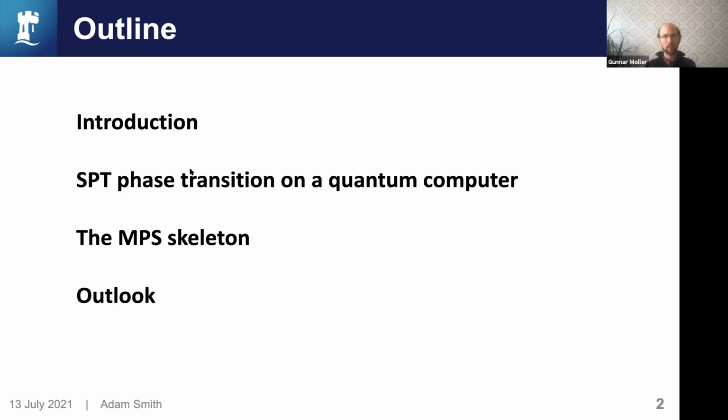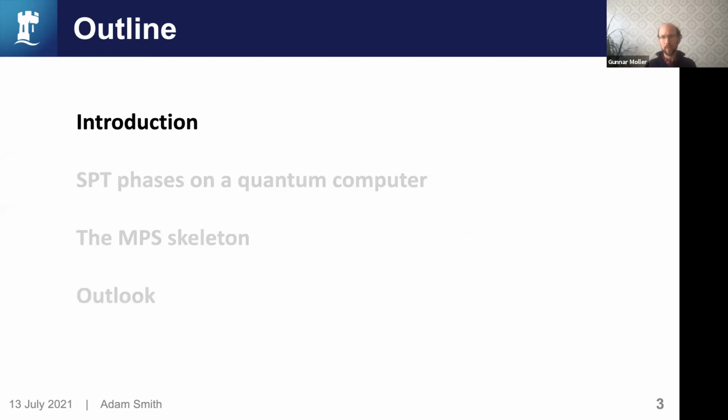So this connects back to Frank's talk a couple of days ago. Then I'll move on to the more general idea about this MPS skeleton and how it all works, and I'll end with a bit of an outlook.